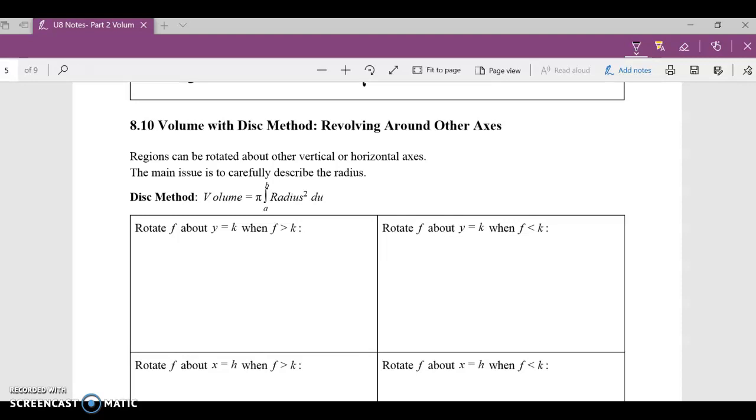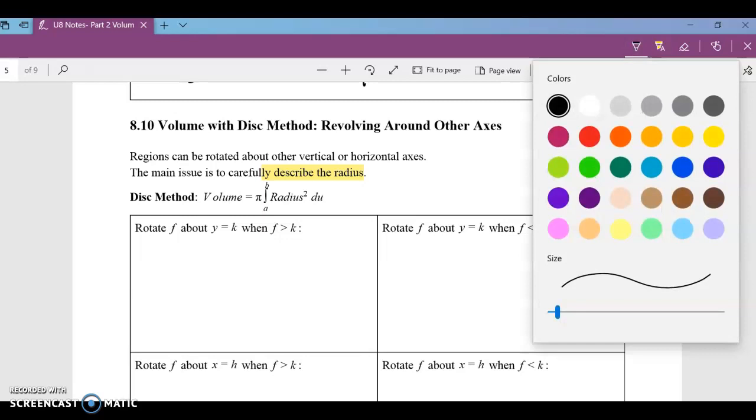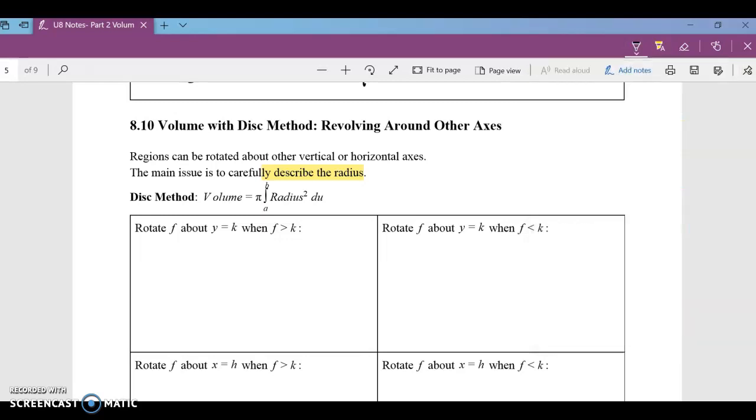All right, so the really important thing to remember is that you should always think about how you describe that radius. You want to be able to describe the radius. I'm going to do this in a very general sense.